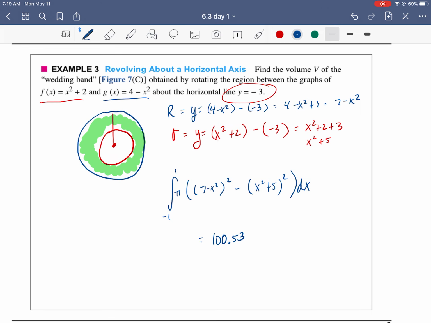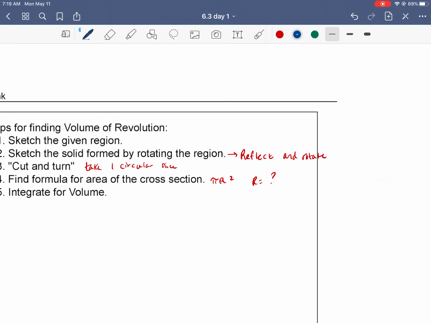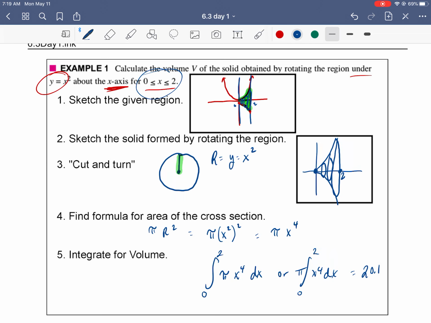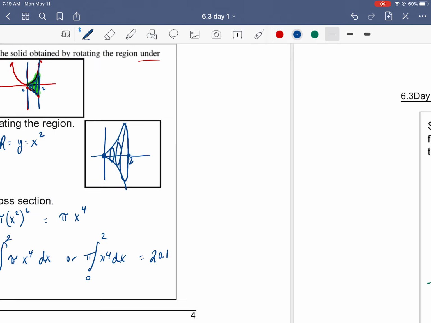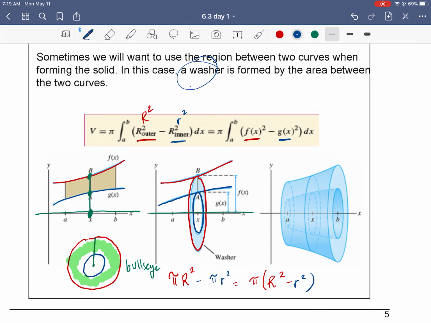So those are the 3 examples that I wanted to go through today. Just recapping real quick. We started with an example that was a solid, right, rotating about the x-axis, but it was a disk problem. We weren't subtracting a little radius. We had the whole thing. Then we went to a problem that was a washer. Okay.